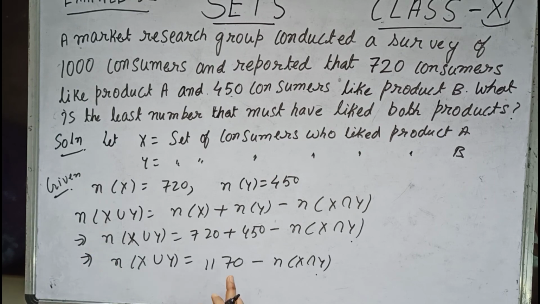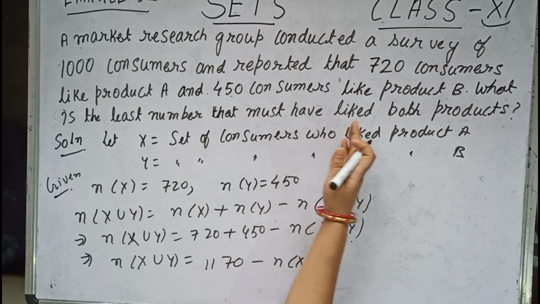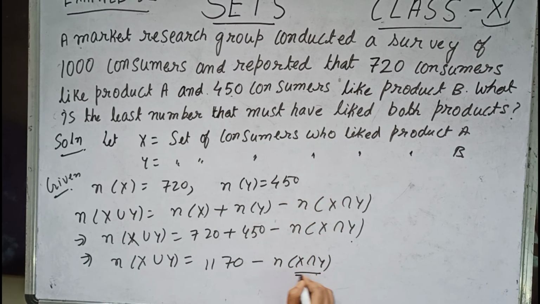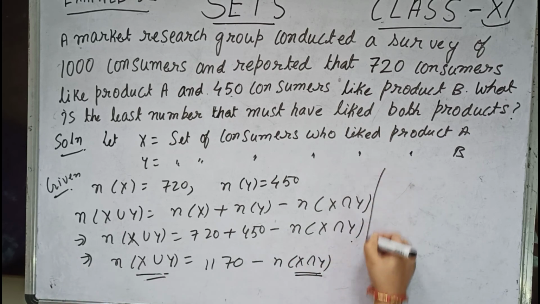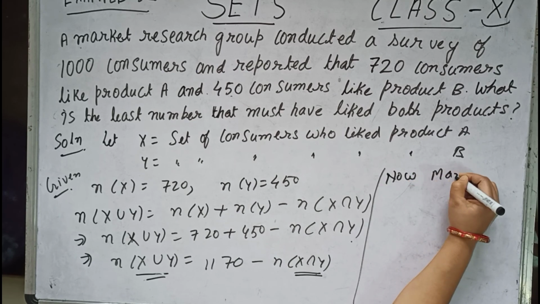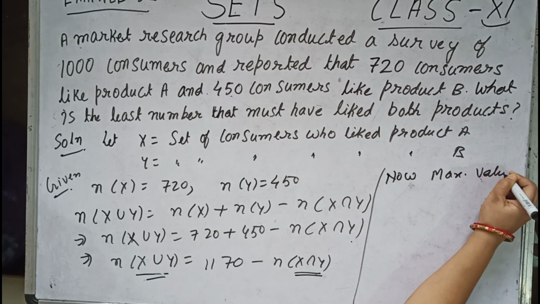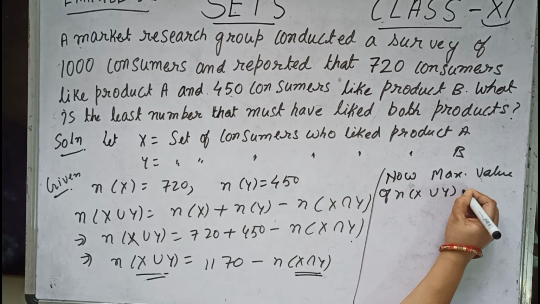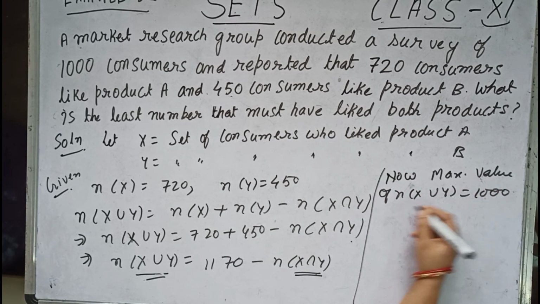Now the question is asking what is the least number that have liked both the products. So this one will be least when this one will be maximum. Now its maximum value is 1000, so we will substitute it. Now maximum value of n of X union Y equals 1000.